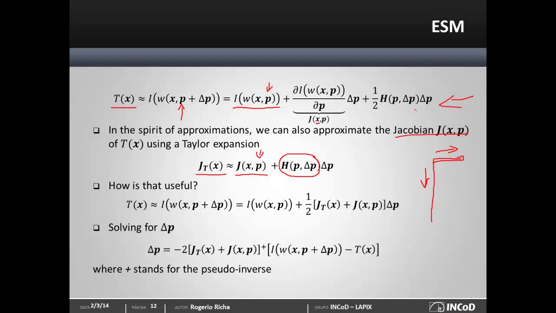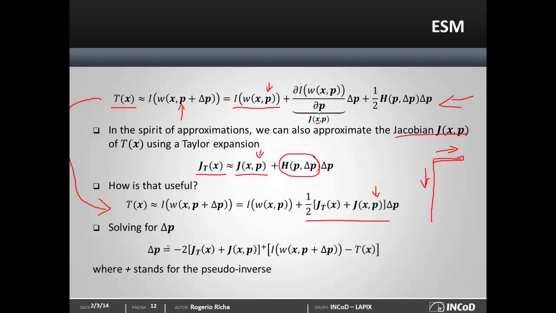And if I do that, and this is very well explained in the original ESM paper, I get a new equation. This equation now becomes this one, where the term H disappears, and now I have a sum of the Jacobian of my reference image and the Jacobian of my back-warped image at the current time t with the parameters p.